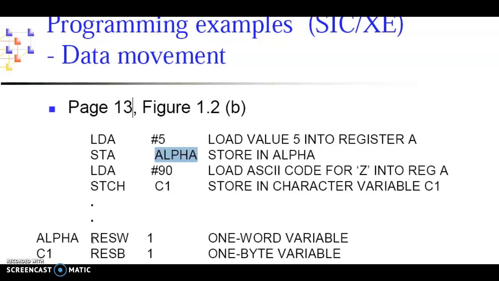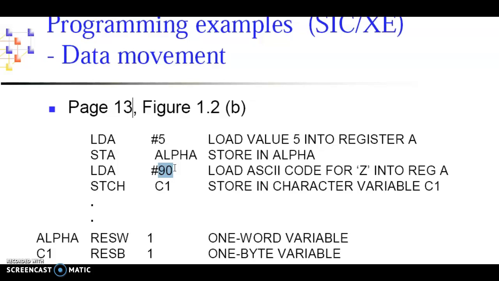Before that, we need to reserve a word memory location for alpha, for storing this integer value 5. Now next, you need to store the character z to the memory variable C1. In SIC/XE we use another method: first you load the ASCII code for the character z.